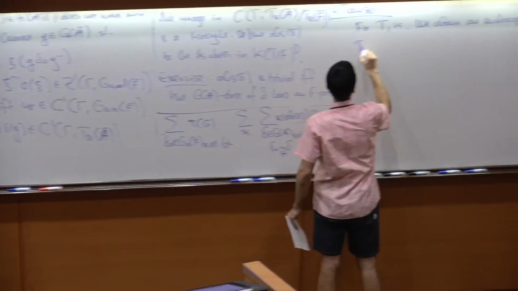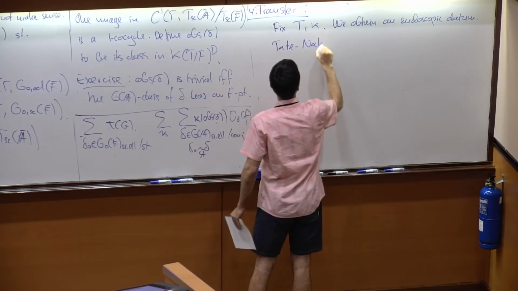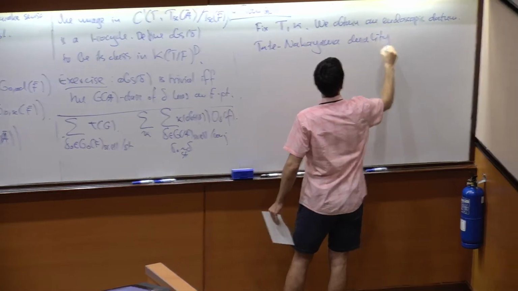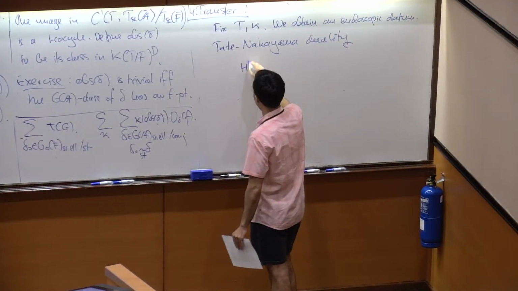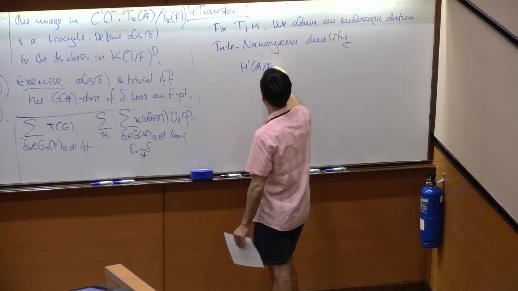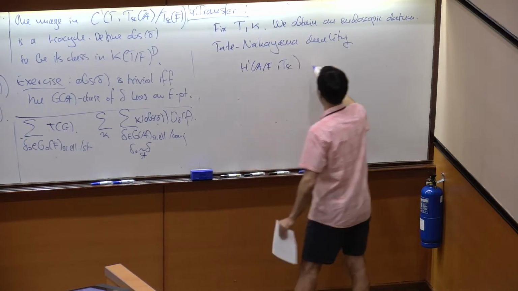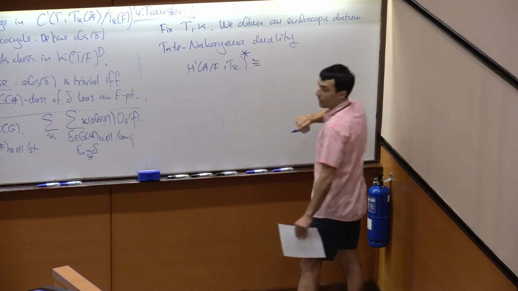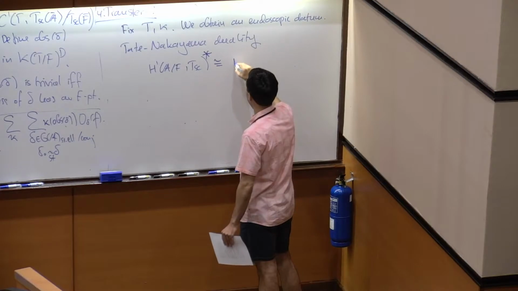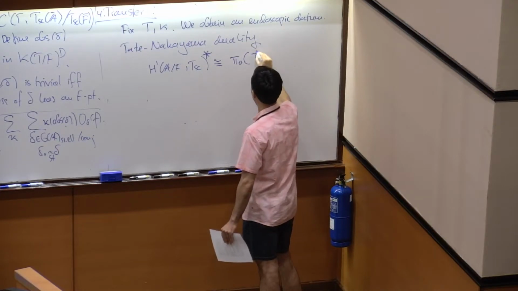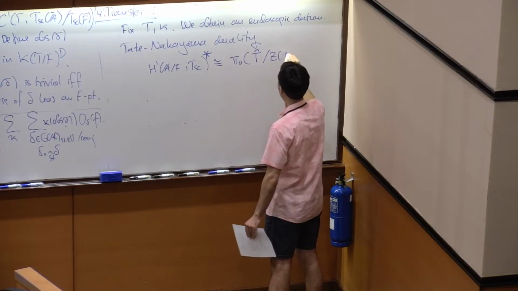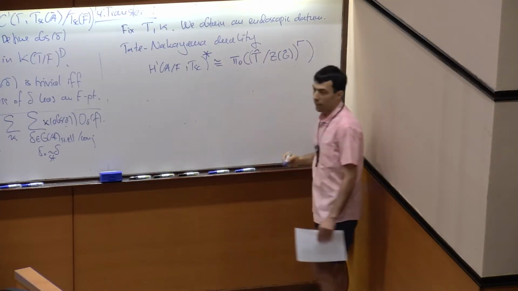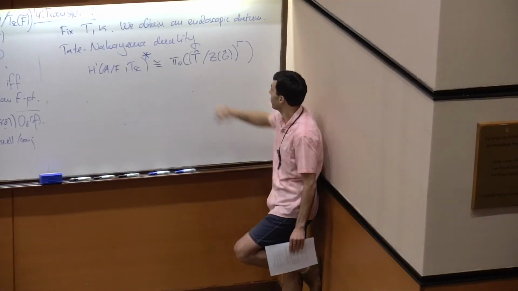So Tate-Nakayama duality tells us that H1 of A over F TSC is isomorphic, or its dual is isomorphic to the following. We take the dual torus, divide out by the center of the dual group, take Galois fixed points, and then take the group of connected components.